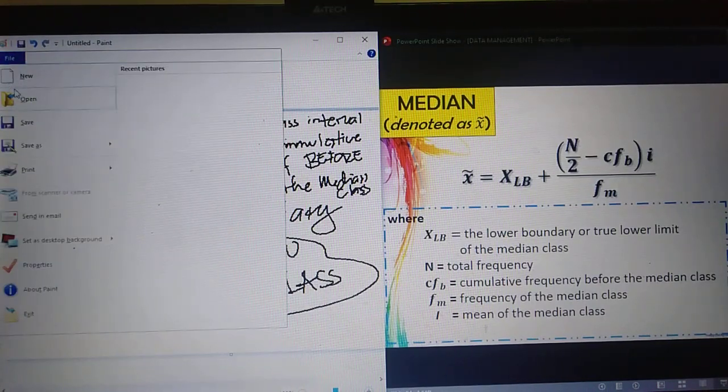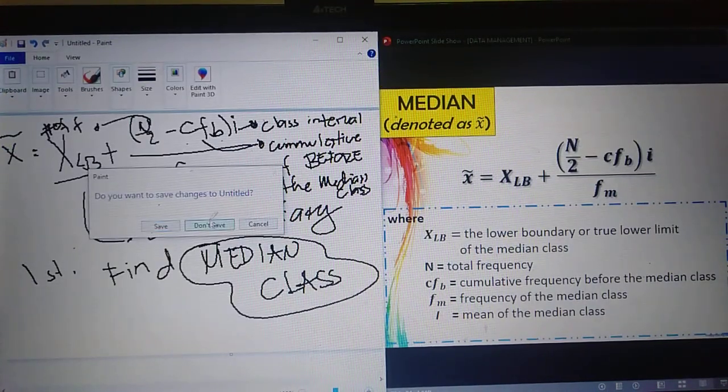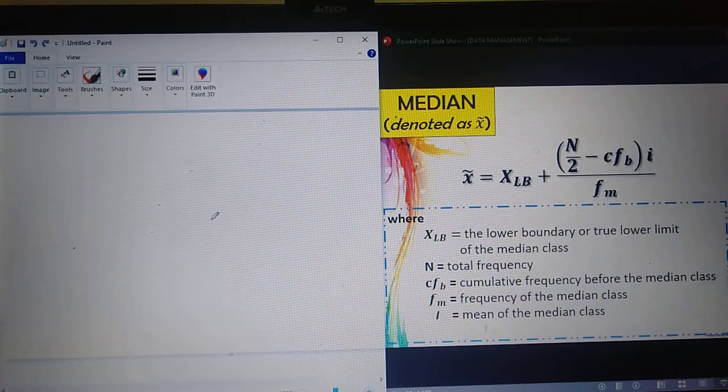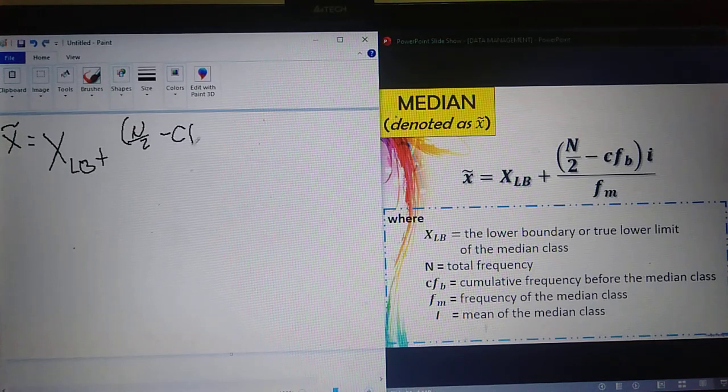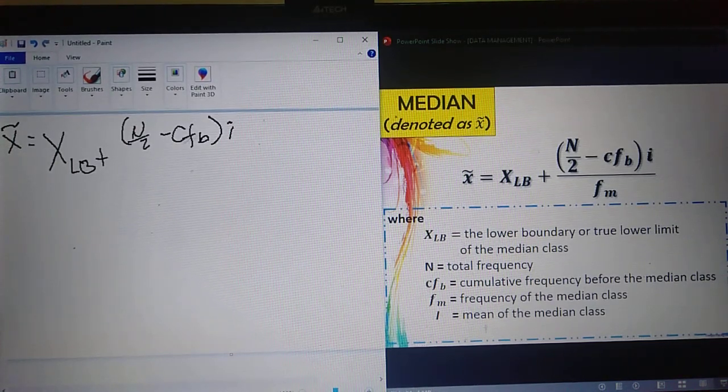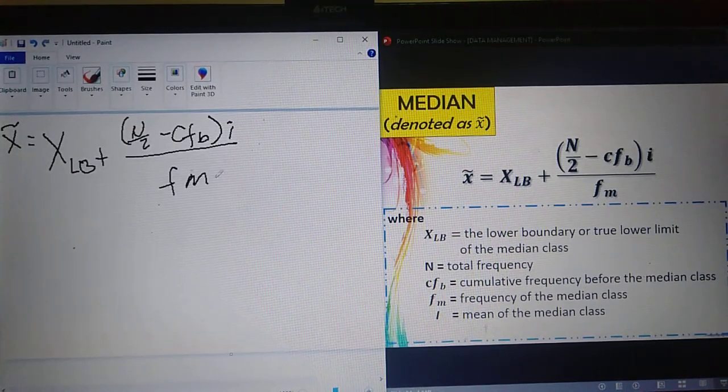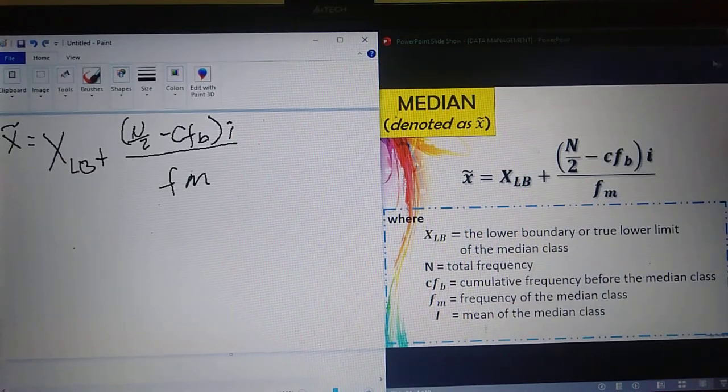So, paano nga ba maghanap ng median class? Okay. First, I will write again the formulas para mas madaling magets. Okay. So, yan yung formula natin.